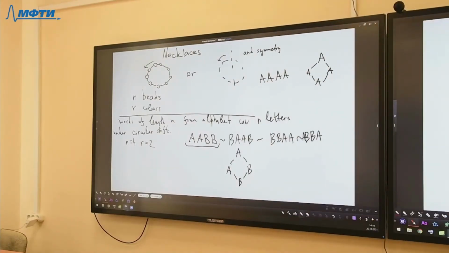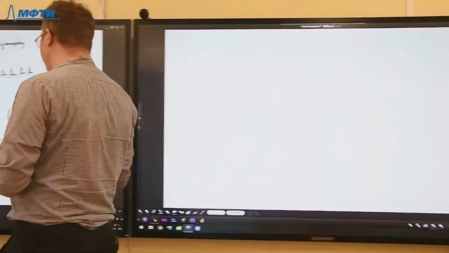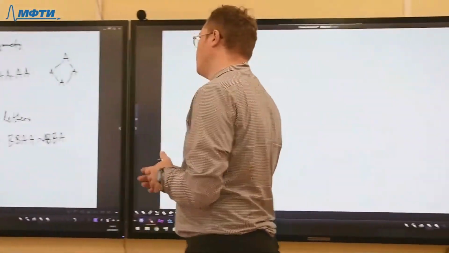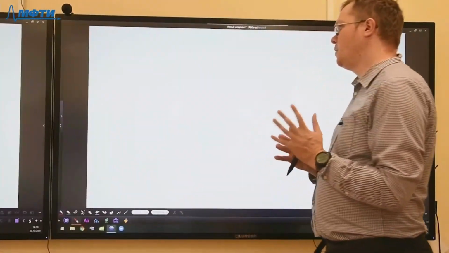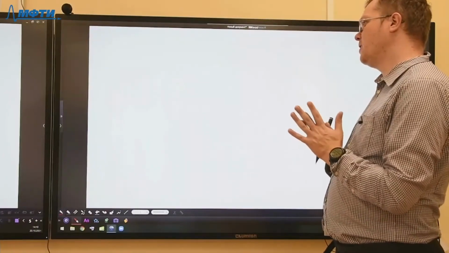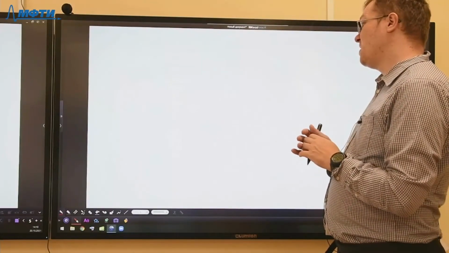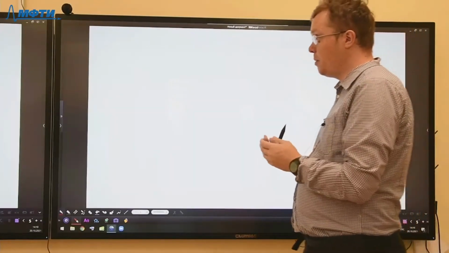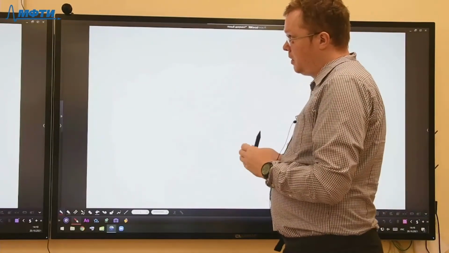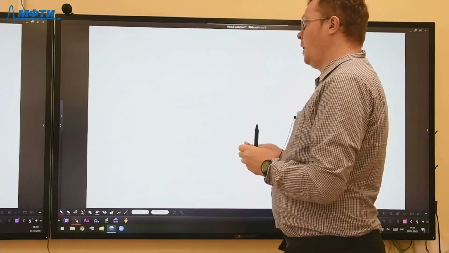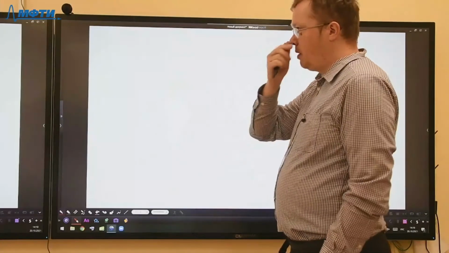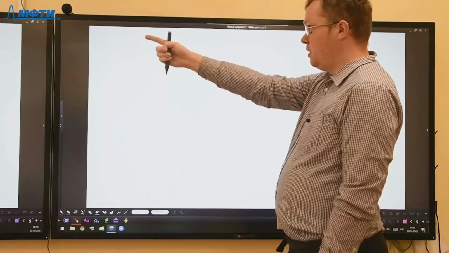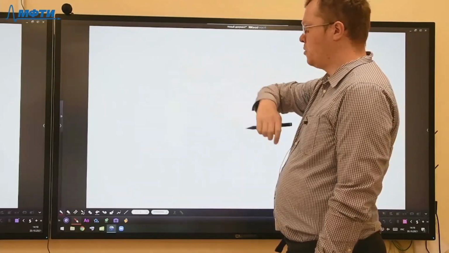I want to explain one approach today and the other maybe next time, spending 20-30 minutes in the next lecture. If you're familiar with groups, maybe it's better to start with the group action. For example, if we start from necklaces, then we have a rotation group.